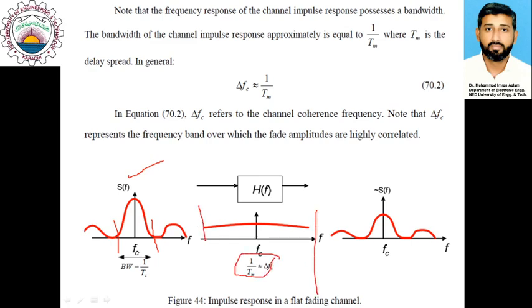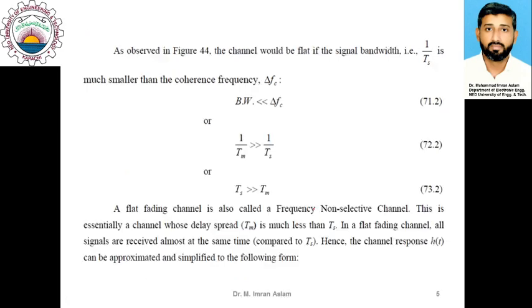Coherence bandwidth is large as compared to the signal bandwidth. So this signal bandwidth should be smaller than this coherence bandwidth. If this condition is satisfied, in that case the channel would be characterized as a flat channel.